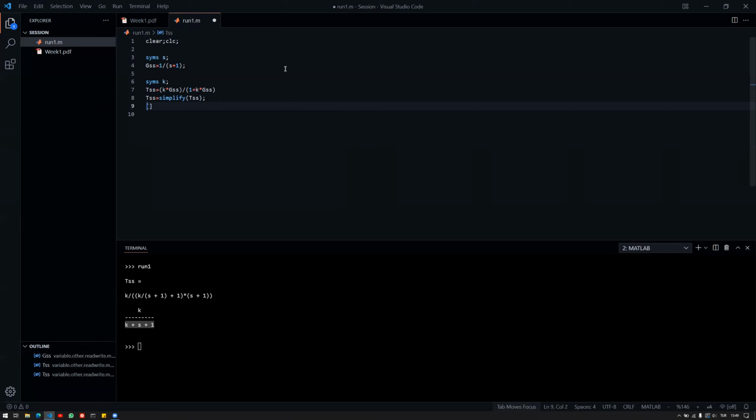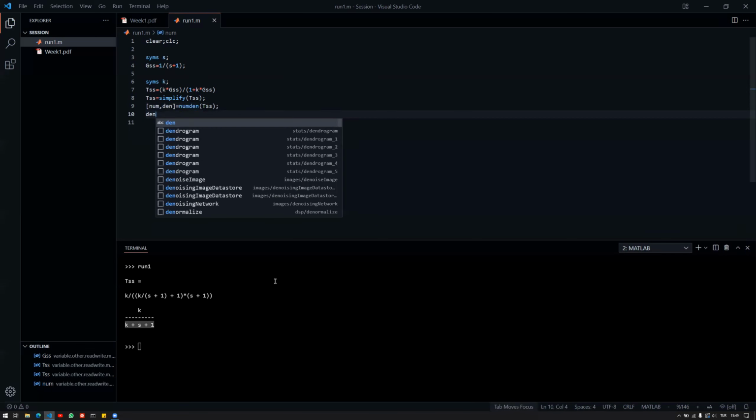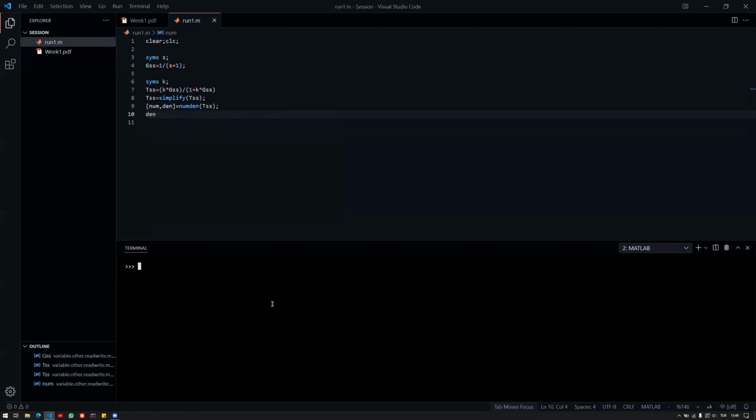Therefore, we have a command in the symbolic toolbox, numden, and we will take basically the numerator and denominator. So I need the denominator. I don't really care about the numerator here. Let me place a semicolon here. So we have k plus s plus 1.